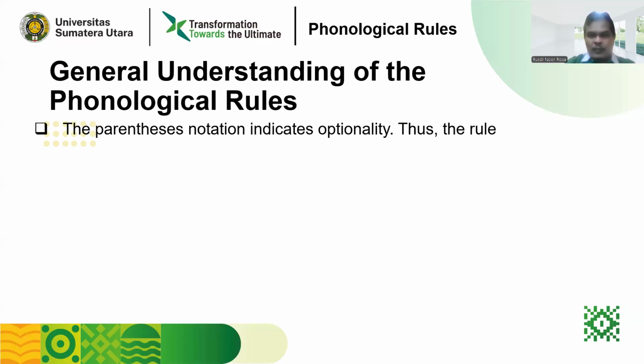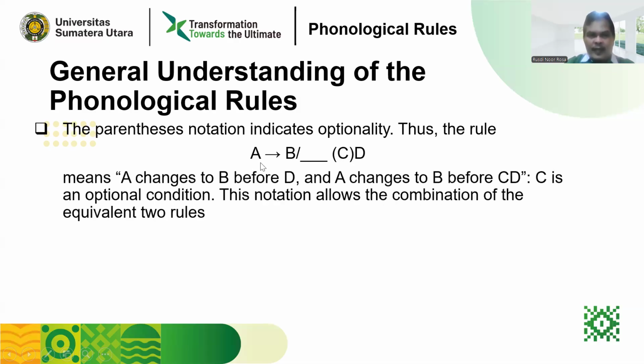Okay, optional. So when we have this rule, for example, here C is located in parenthesis. So we can say that C here is optional. It means that we can say that A changes to B before D. Okay, this is obligatory. Why is it obligatory? Because it is not located in parenthesis, but C is optional.